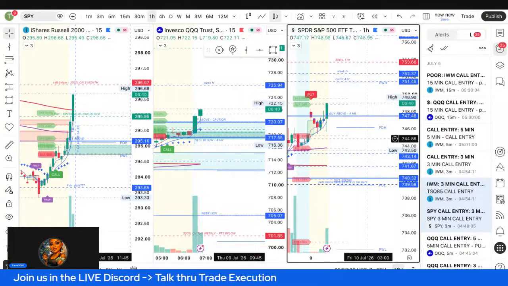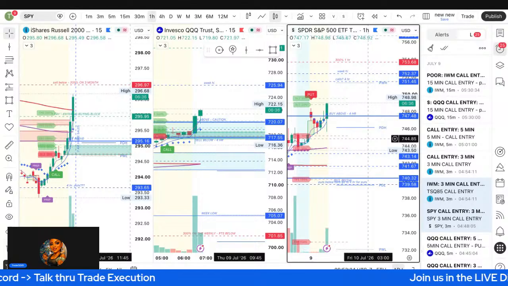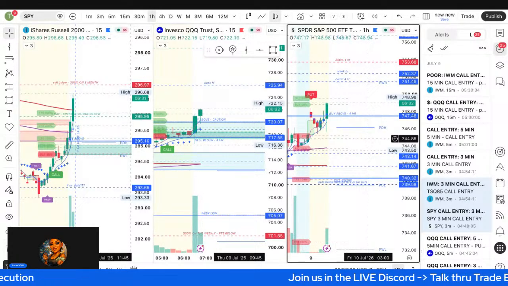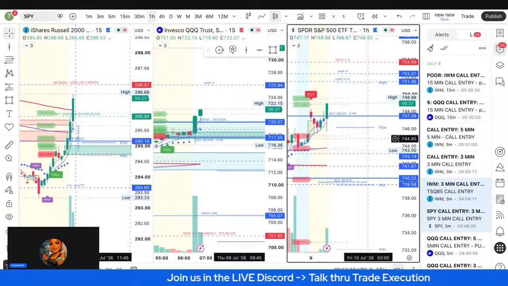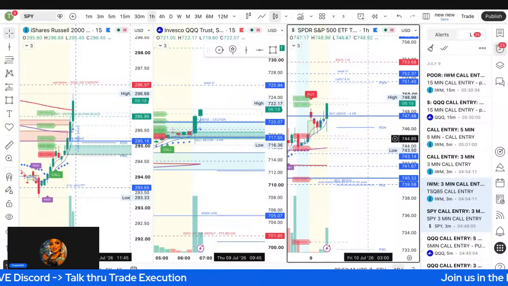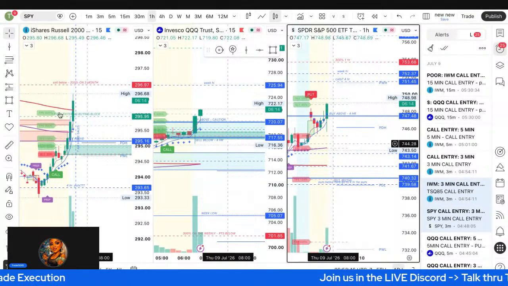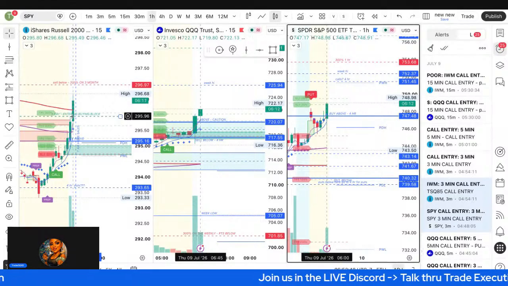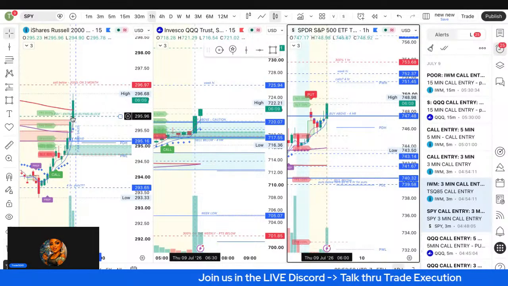We have data in 7 minutes, existing home sales. There's that pullback in response to that 200 moving average. A little bit of a pullback.